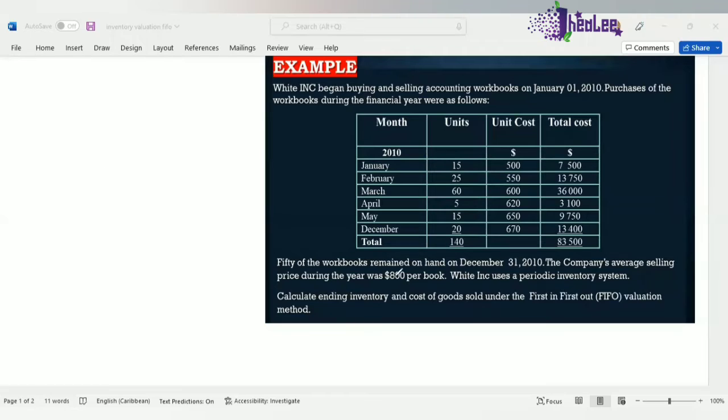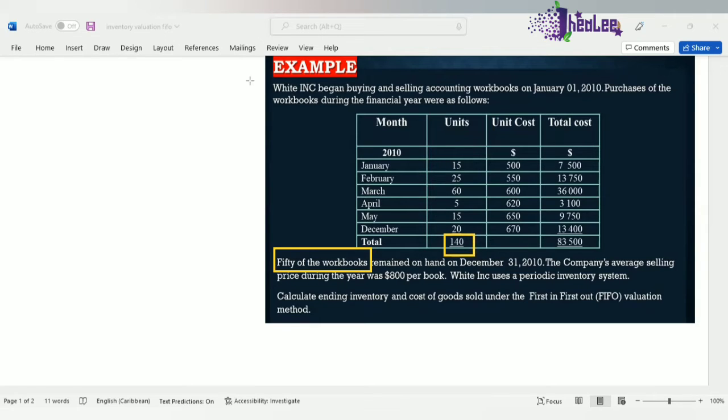Okay, so let's talk about this question before we get into working. Note 50 workbooks are on hand, meaning 50 books are within the business, 50 books were not sold. But we were told that a total number of 140 books were purchased.